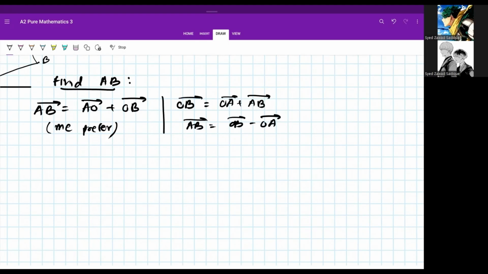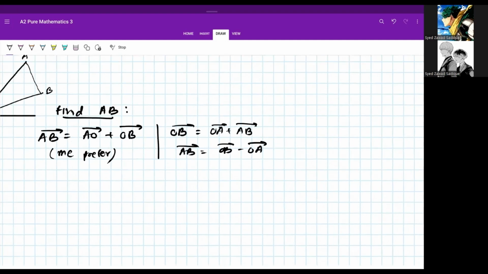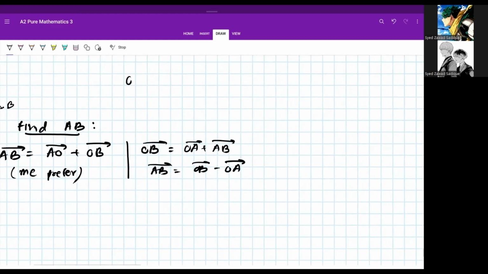By the way, if you use AO, and OA is (3, 1, 4), then AO becomes (-3, -1, -4). So you have to keep that in mind.